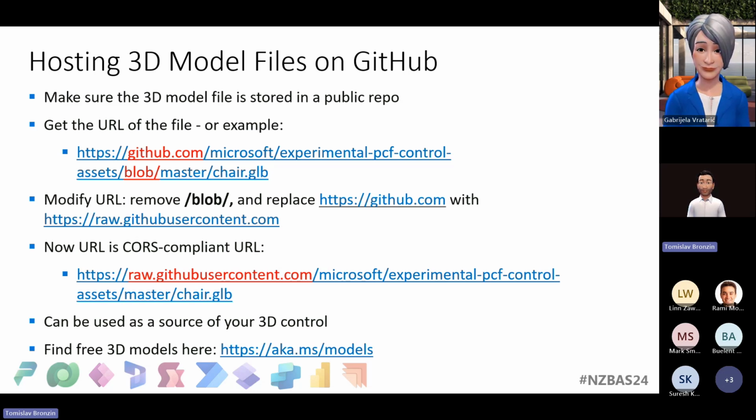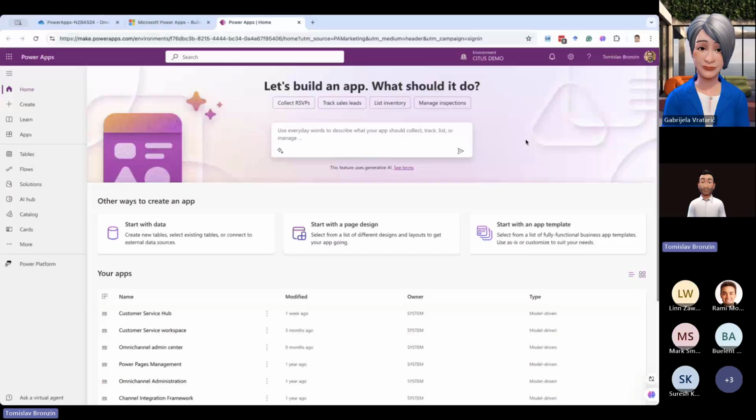Okay, and now I will switch to the PowerApps environment, to the studio, and I will connect to this application. Just if you can confirm that you see my screen. We see. Yeah. Okay.